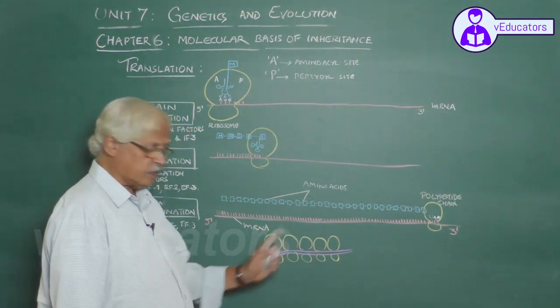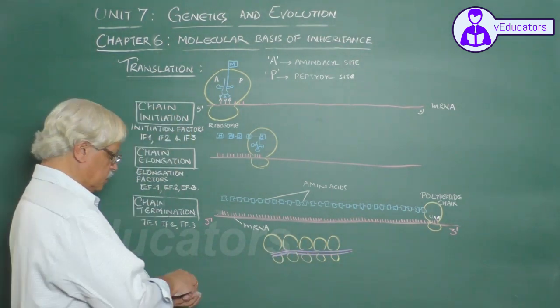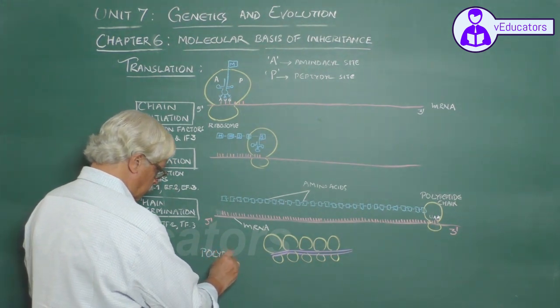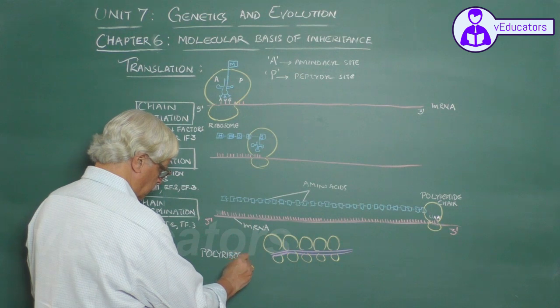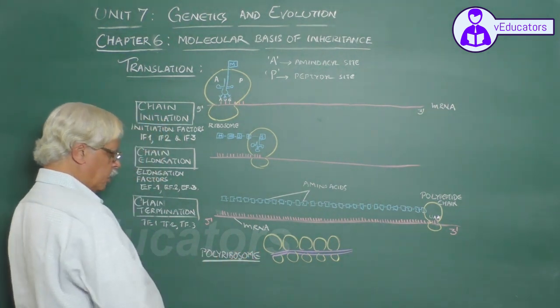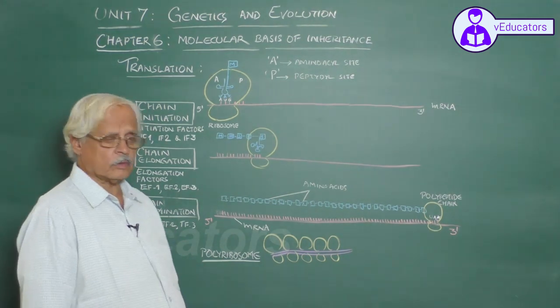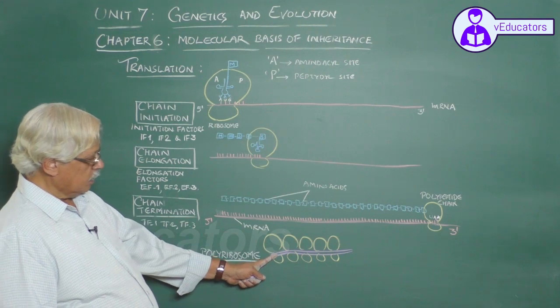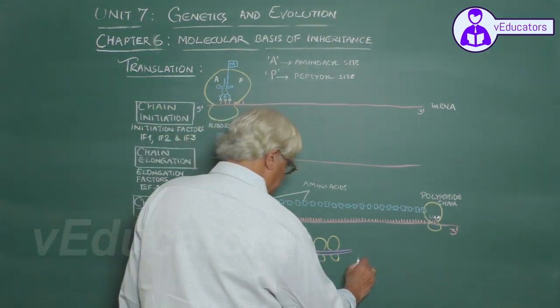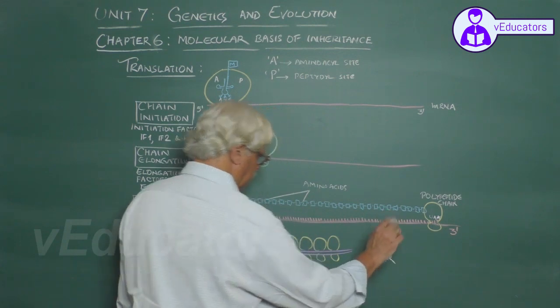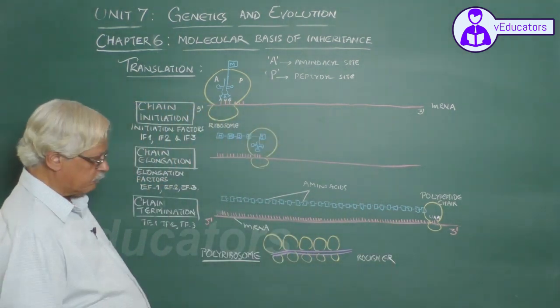A series of ribosomes. This situation is called polyribosome. Such a branch of endoplasmic reticulum is called rough endoplasmic reticulum.